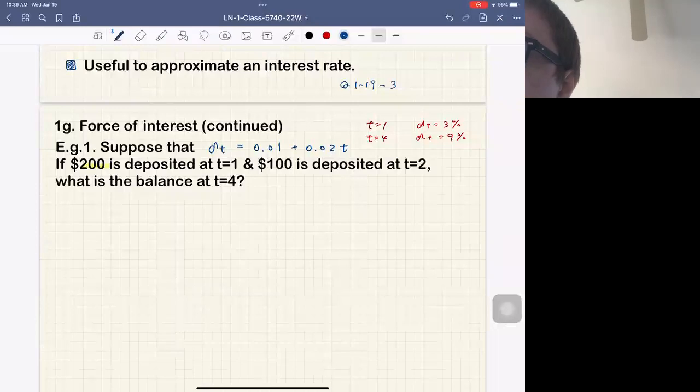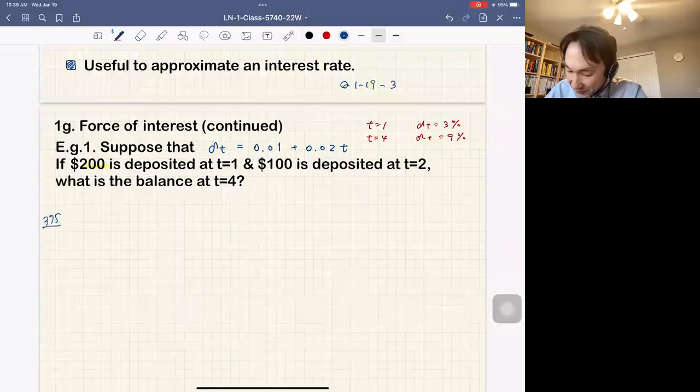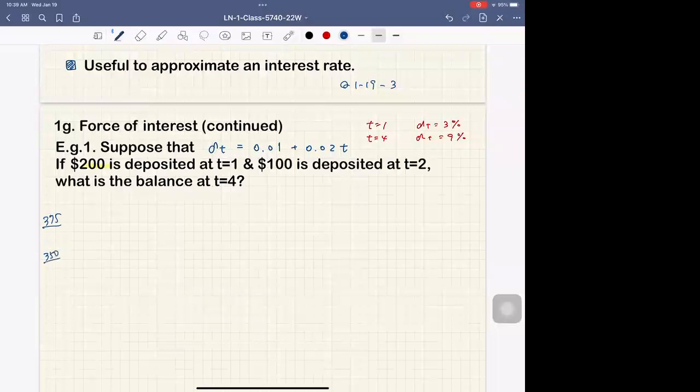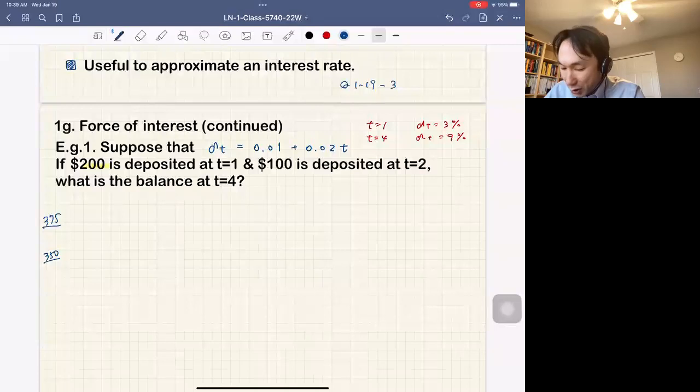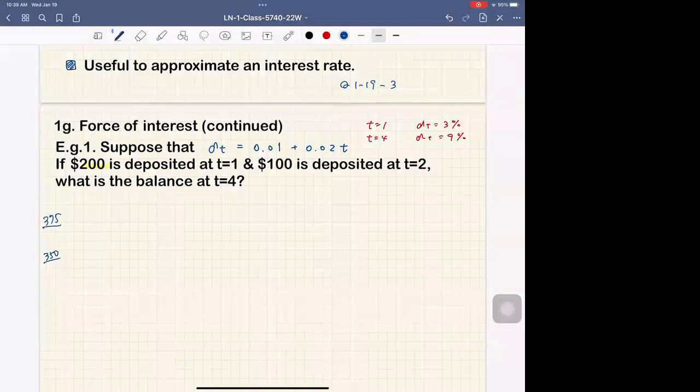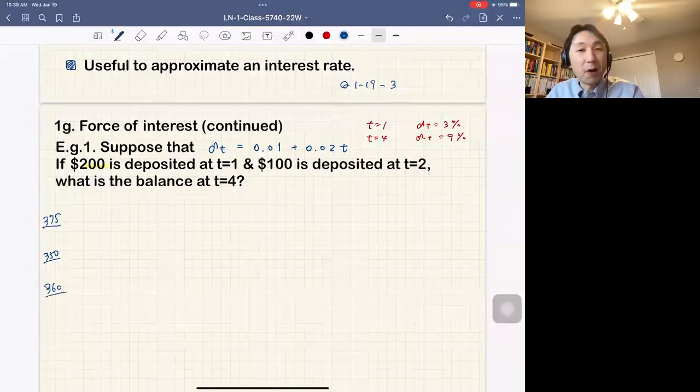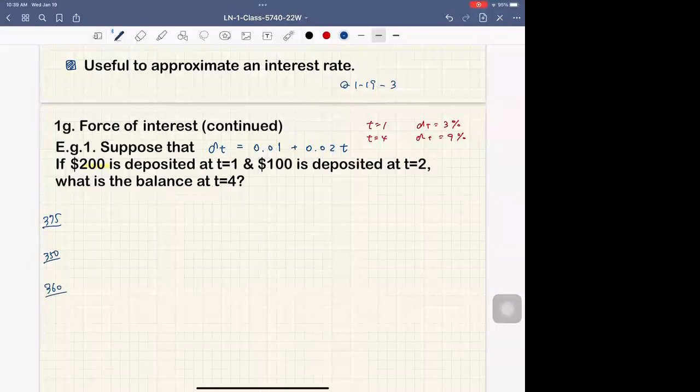Your answer should be at least $5 different from any other answers. I'm going to say $375. Anyone else? 350. 360. 390. 380.